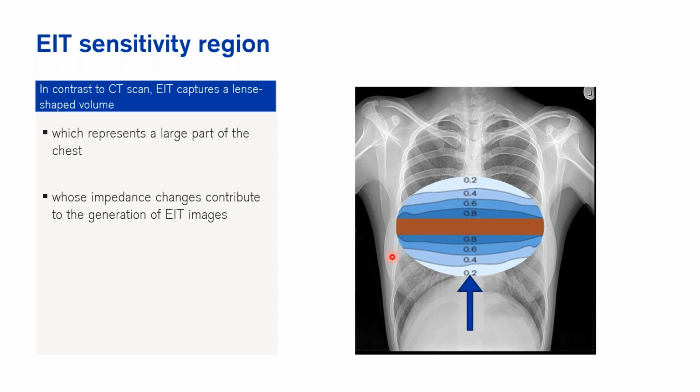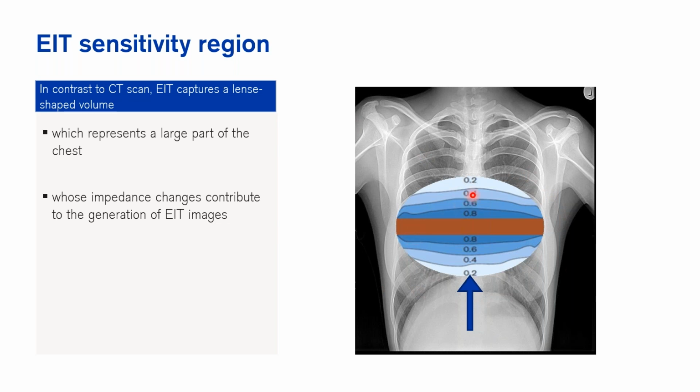And if we look at the EIT sensitivity region, in contrast to a CT scan where we look at just one slice of the patient's lung, EIT captures a lens-shaped volume, and we're looking at approximately 10 centimeters of width of this region of interest. And it basically represents a larger part of the chest, and this whole region contributes to the generation of EIT images.